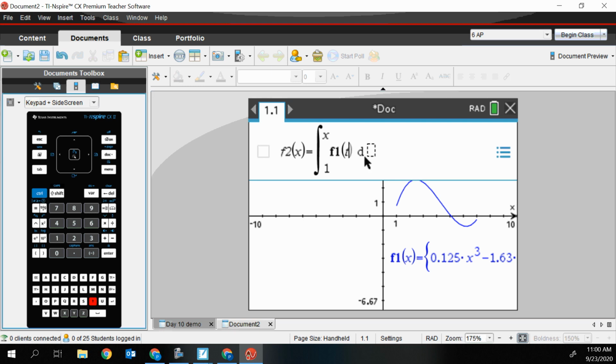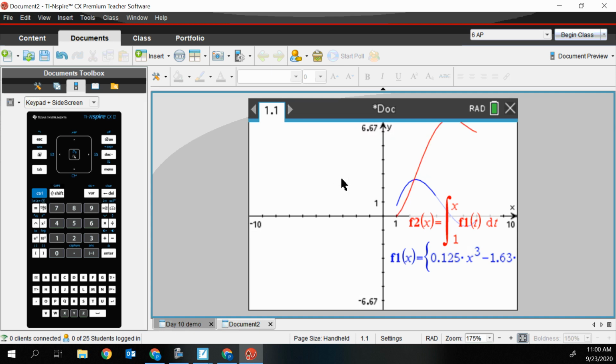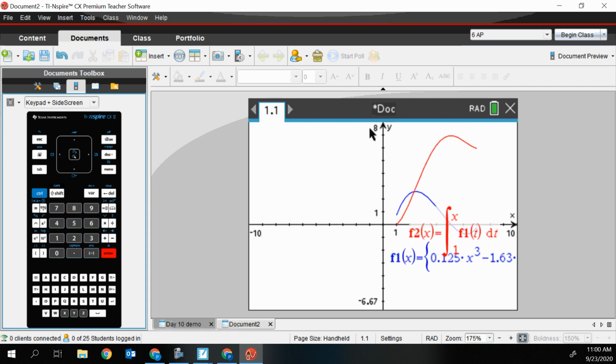And then we've got to make sure we do a different variable than the x. Okay, so that is important. That variable always has to be different. And if we hit enter, so maybe make that 8 so we can see a little more. So if we hit enter, we've now got our accumulation function.